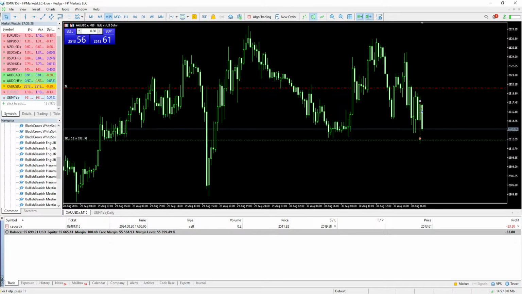Sorry, I need this candle to close first, and then I will see the second one, how it's gonna move or something like that. Yeah, it's rejecting this key level over here.